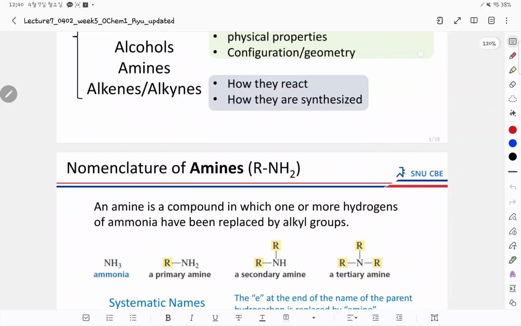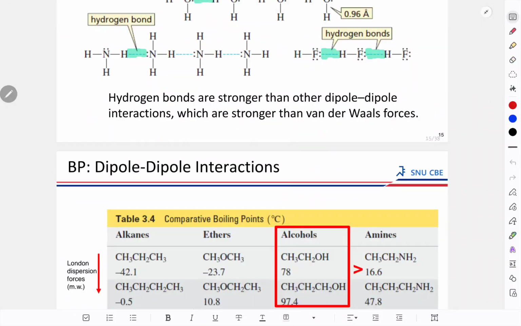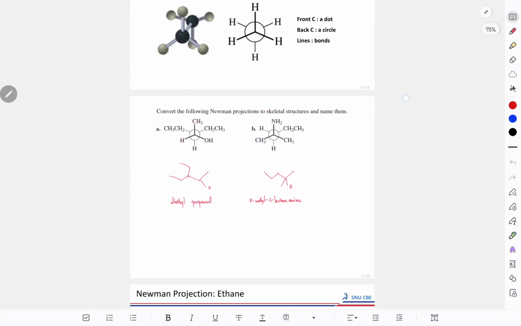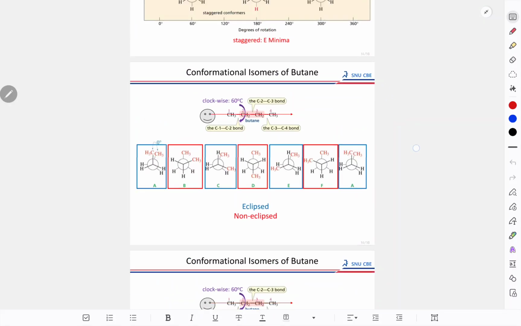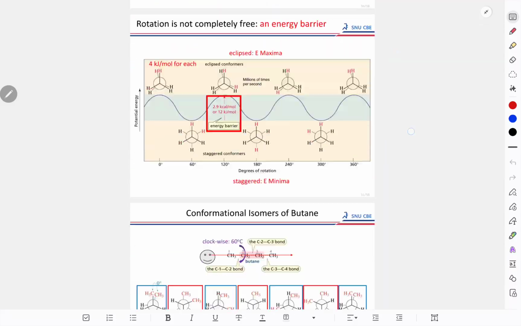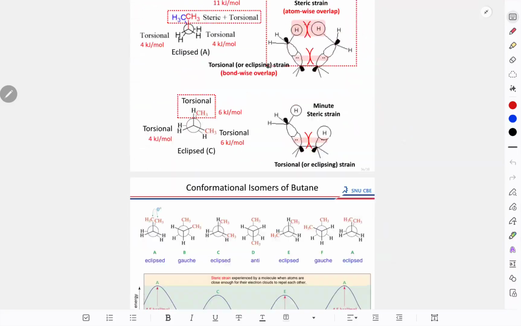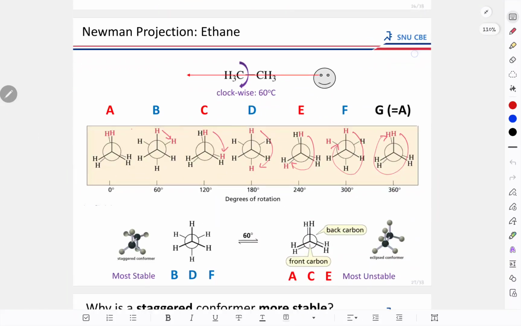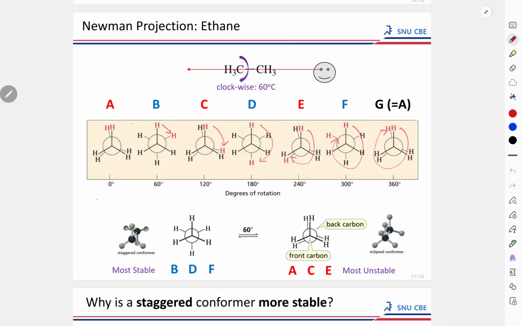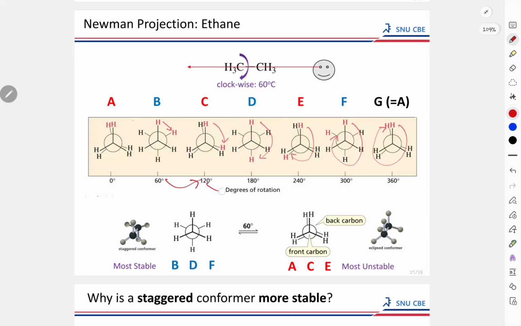If you rotate the backward part 60 degrees, you can draw the Newman projection: the backward moieties, the 3 hydrogens, rotate 60 degrees all together, which gives rise to conformational state B. This can go on and on: a 60 degree turn gives you C from B, and D from C. If you make 6 turns, meaning a 360 degree rotation, you get the initial state back.